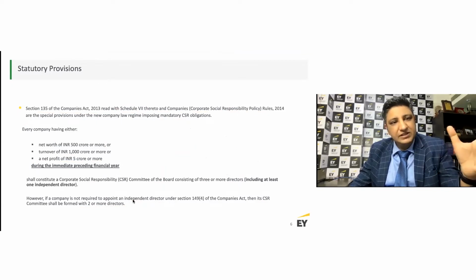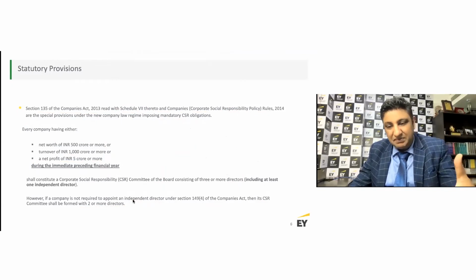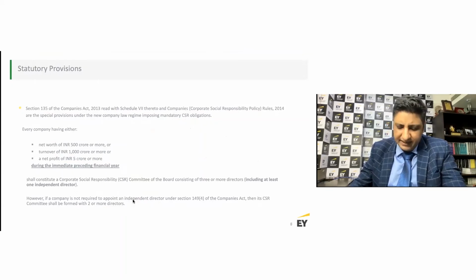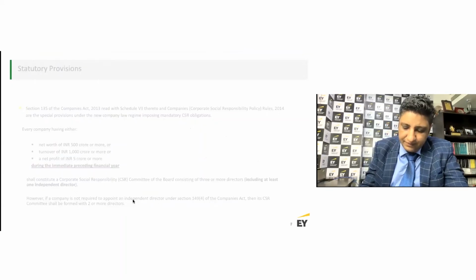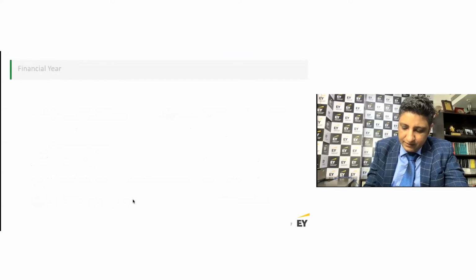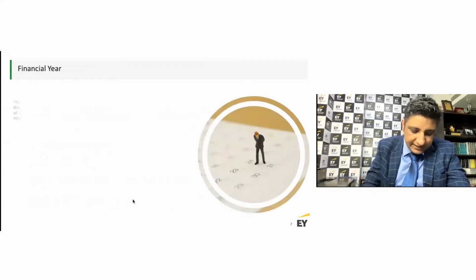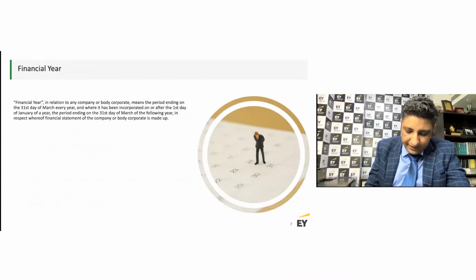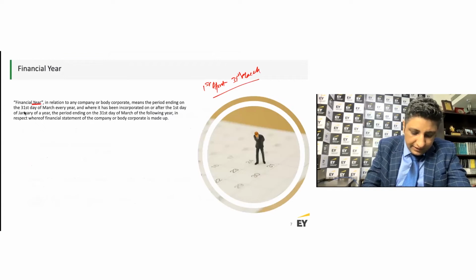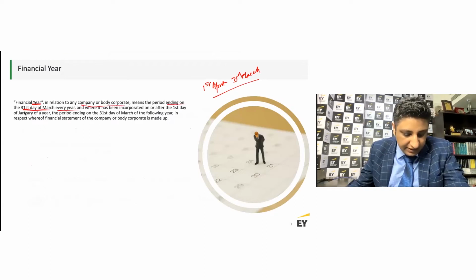Now, there are very specific definitions of the meaning of a financial year. As we commonly understand, it starts on 1st of April to 31st of March each year. So it says that a financial year in relation to any company or body corporate has a period ending on 31st of March every year.